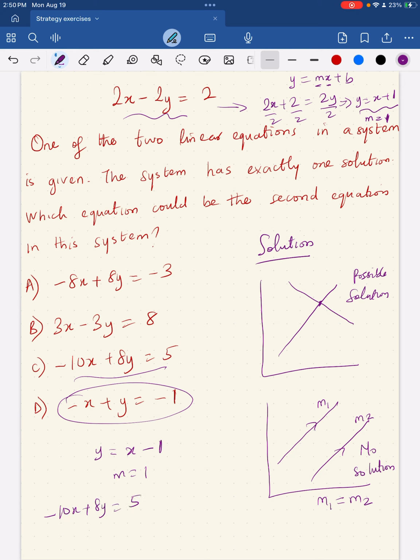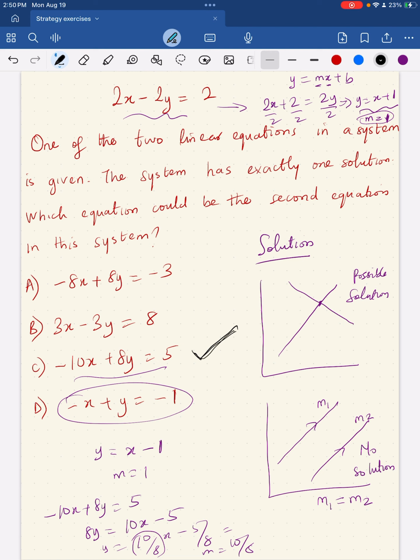So here we have that 8y equals 10x minus 5. Then y equals 10 over 8 x minus 5 over 8, so here the slope is 10 over 8. M is 10 over 8. But that is different from m equals 1. So they have two different slopes. So this looks like it would be the answer.